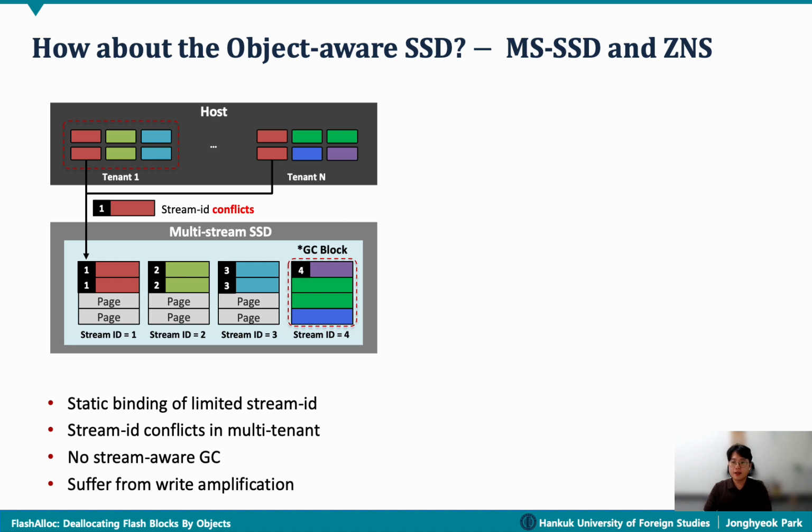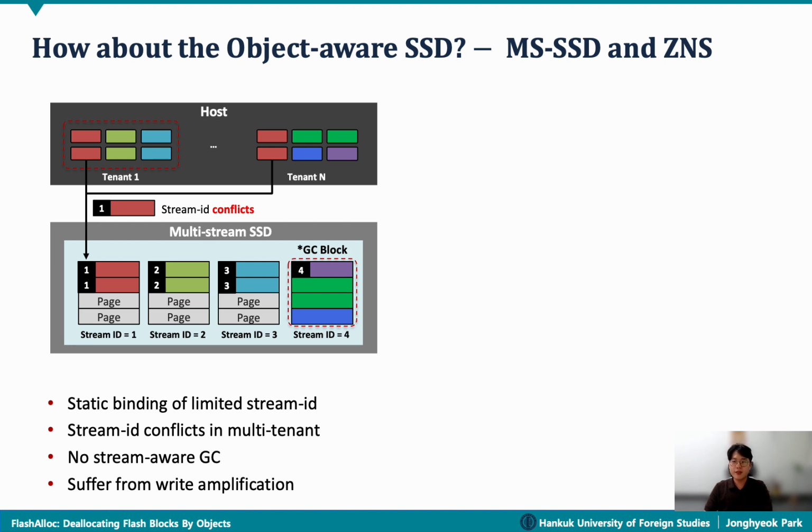To tackle this problem, there are existing solutions controlling the physical placement of writes inside flash storage: multi-stream SSD and ZNS. First, multi-stream SSD allows applications to place pages with different write times into different streams. However, the static binding of limited stream IDs raises several issues.